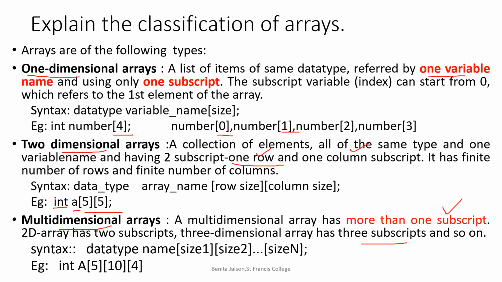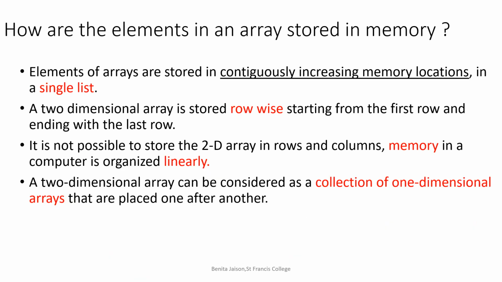The syntax for the declaration will be the data type followed by the array variable name followed by the sizes of the 3 dimensions. Here we are not referring to the row size and column size. We are just indicating 3 subscripts, which will indicate the size in 3 dimensions. So to declare it, we give the data type followed by the variable name followed by the 3 sizes of the 3 dimensions.